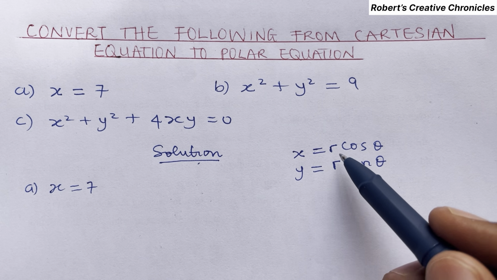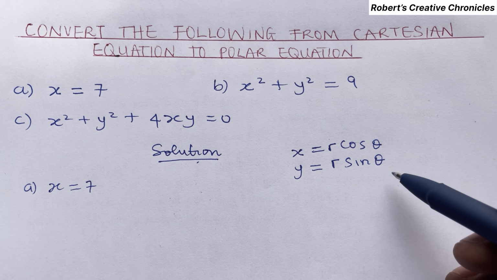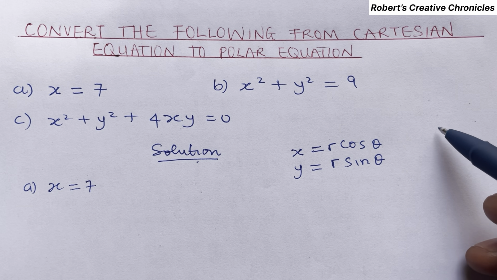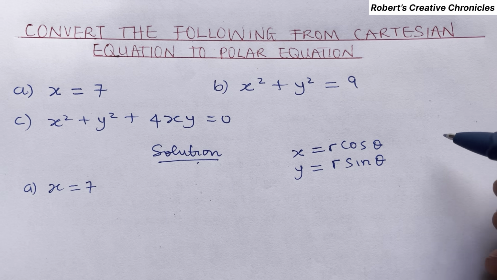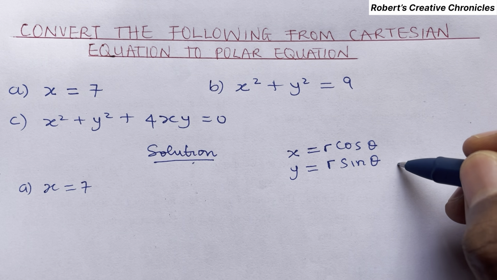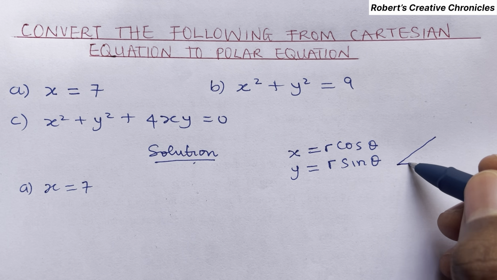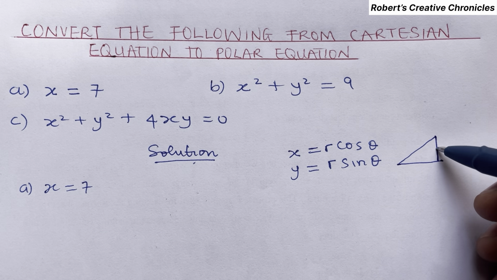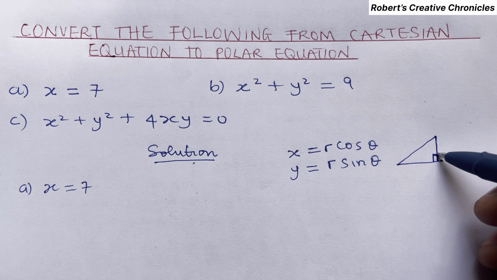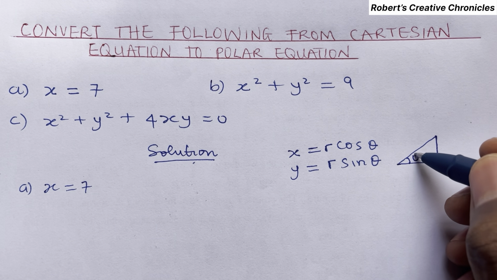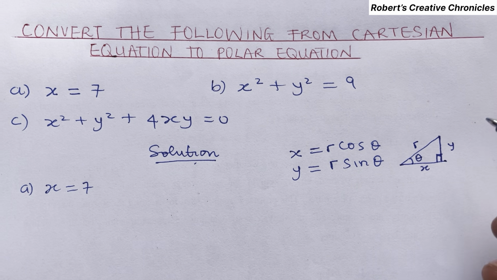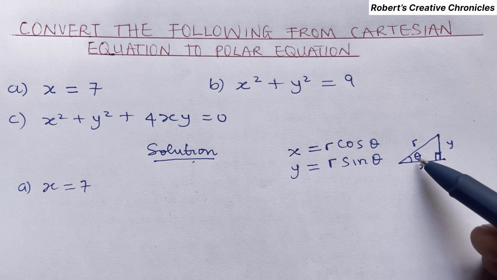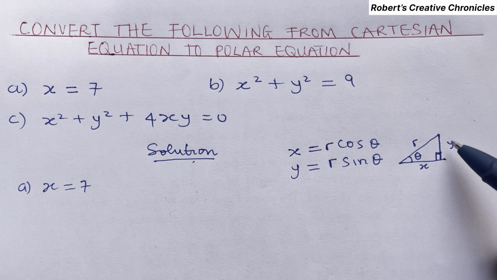These two substitutions are usually gotten from a right angle triangle, whereby the vertical is y and the horizontal is x. Like this, let me draw it here. So here is 90 degrees, here is theta, here is y, here is x, and this is r. Whereby sin theta here will be what?